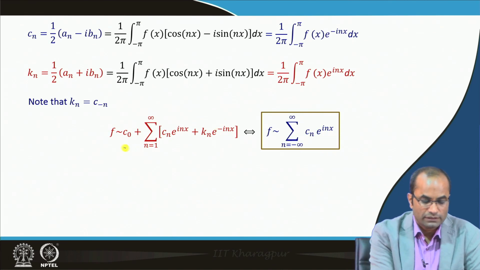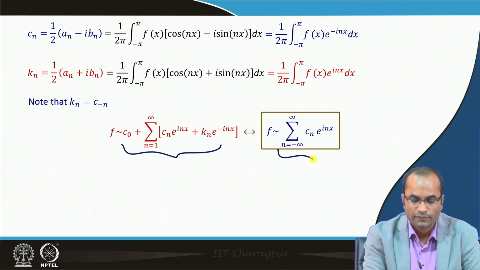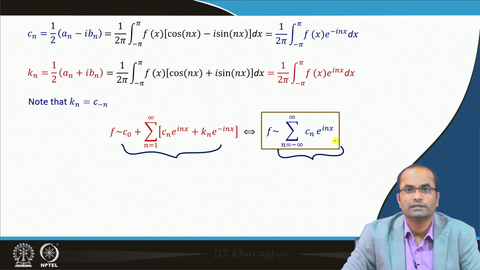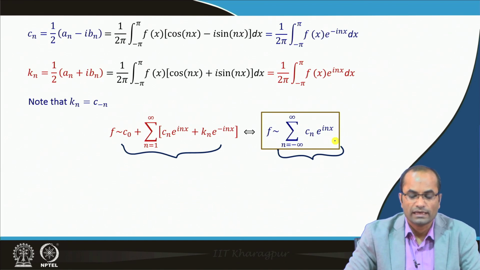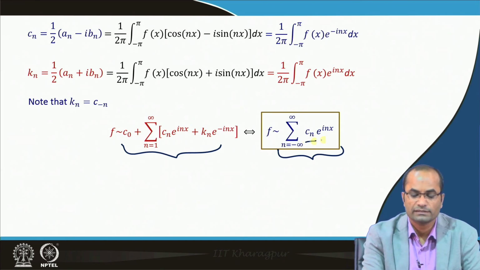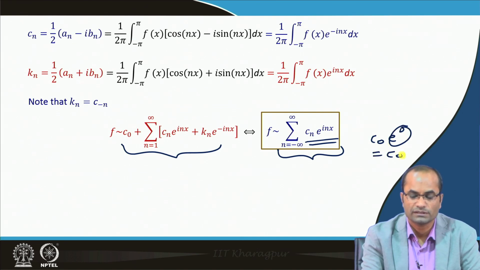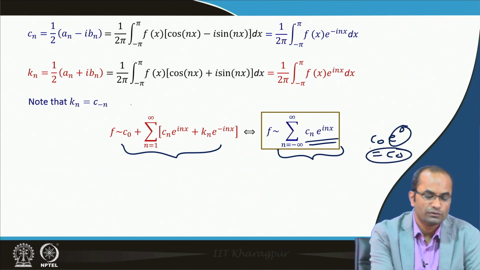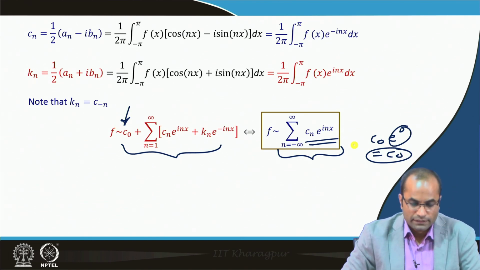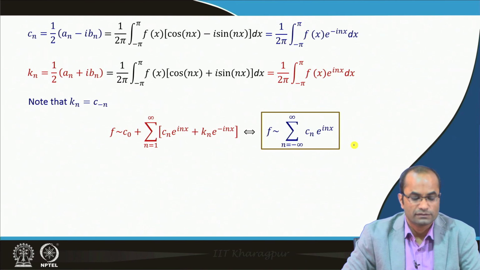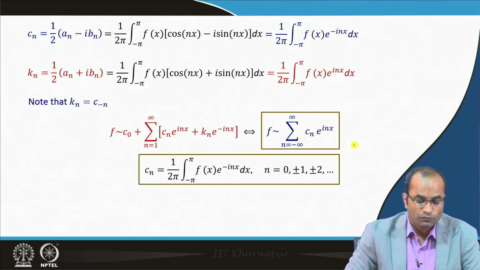So, this form is exactly the same as written in this compact form, which is the sum from n equal to minus infinity to plus infinity of c_n e power i n x. So, when n is 0 we have here c_0 e power 0, which is 1. So, we have just c_0 for n equal to 0, and that term will also be incorporated in this infinite sum.